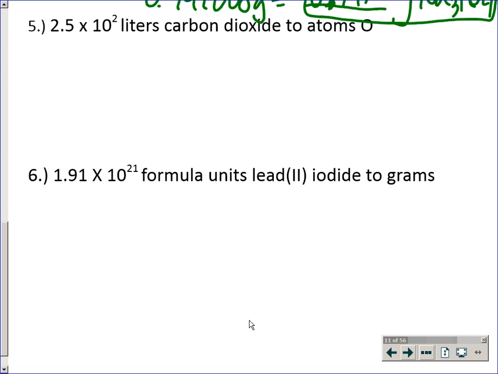I think it's beneficial for you to touch on your mole map, the steps you're going to take. Notice I said steps. Think of the steps.